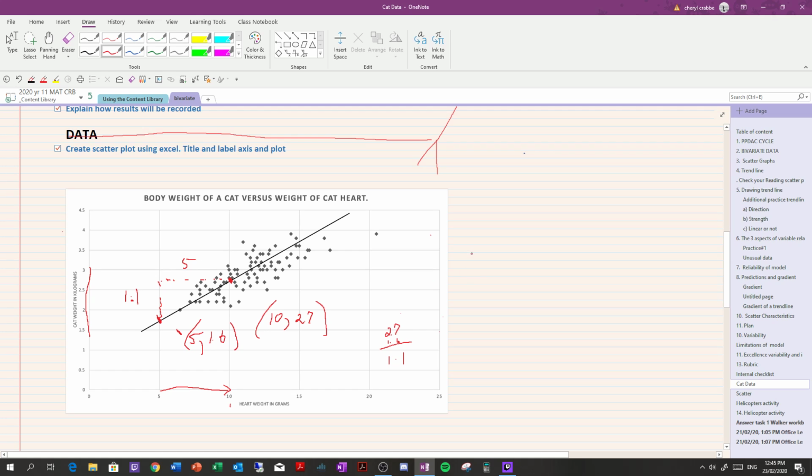I just switched back to typing. The gradient is rise over run. In this case, it's going to be my rise, which is 1.1, over my run, which is 5.